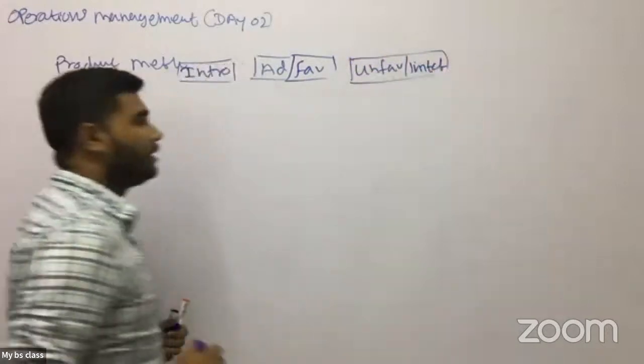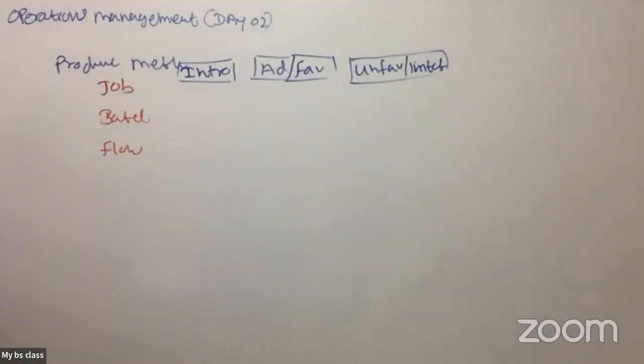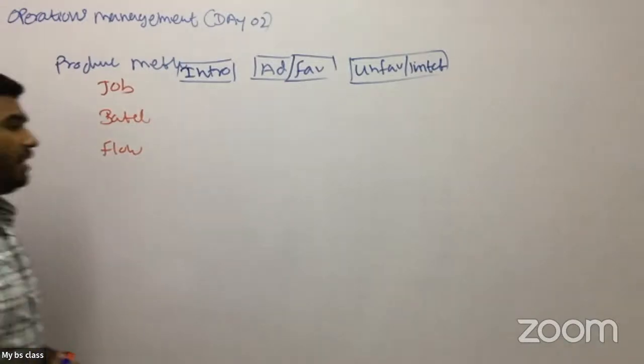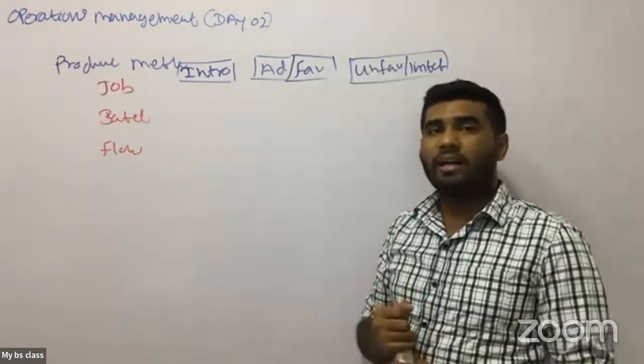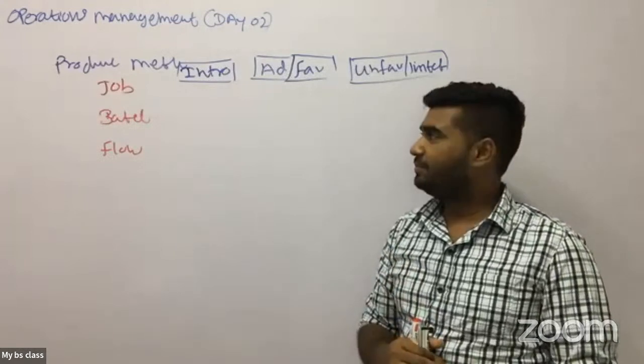And finally, make sure that you know a comparison, right? How do you compare job, batch, and flow production? This is what is required. Now, job production, and this is really important, try to remember this part with a practical example, right?